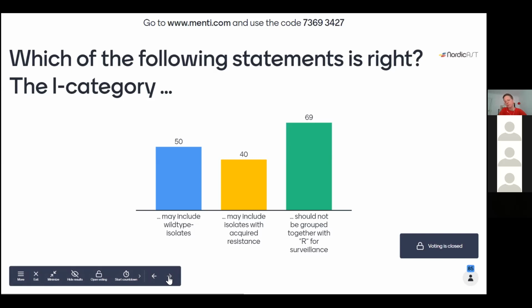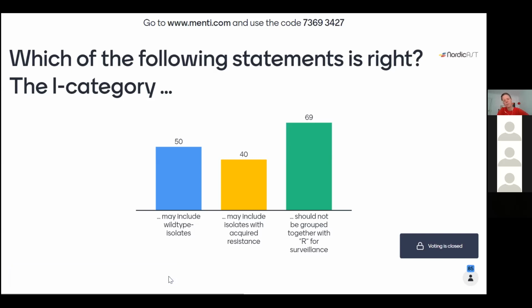Another example would be acquired meropenem resistance in Enterobacterales, where we've got an I category in which you can treat with high dosage meropenem, which you usually will combine with another agent.